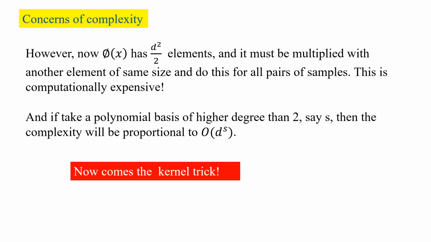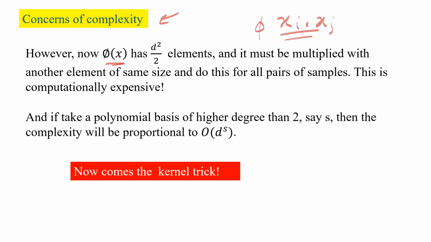Now, some concerns come in, because this phi x has d squared by 2 elements approximately, and we have seen in our optimization objective that we are finding the dot product of the pairs.